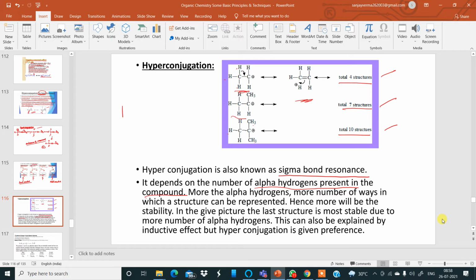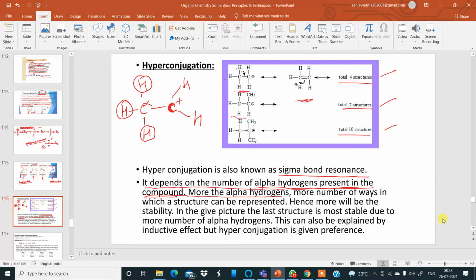For example, if I draw the structure like this, CH3 and there is a carbocation over here having two hydrogens. This is the main carbon, and the carbon adjacent to it is the alpha carbon, and these are the alpha hydrogen atoms. So remember, hyperconjugation depends on the number of alpha hydrogens present in the compound.